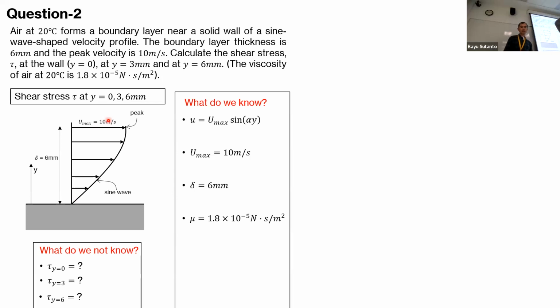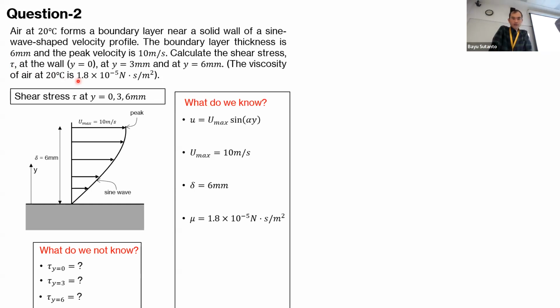And we need to calculate the shear stress tau at the wall, y equal to 0. So starting here, y at 3 millimeter in the middle, and y at 6 millimeter, or at the maximum thickness of the boundary layer.